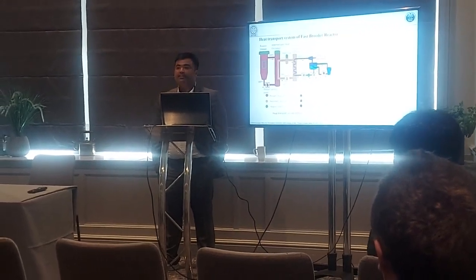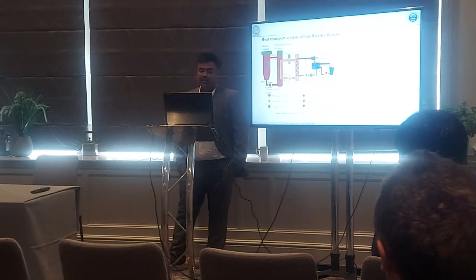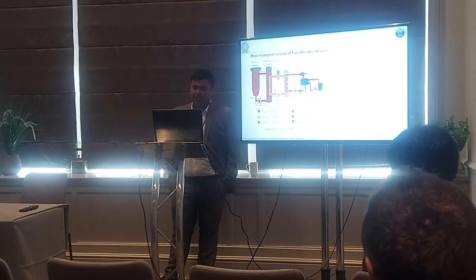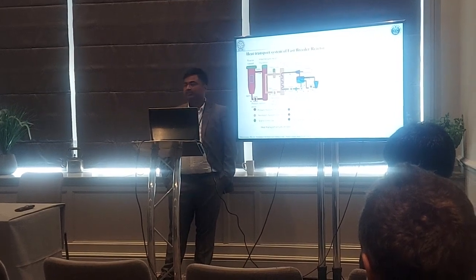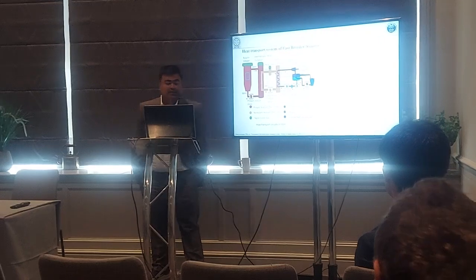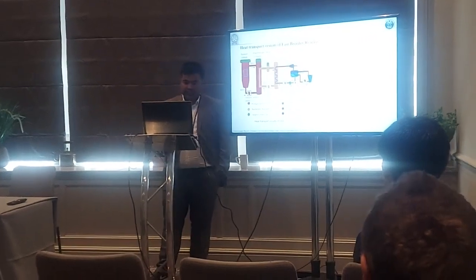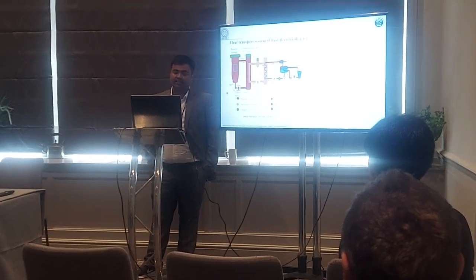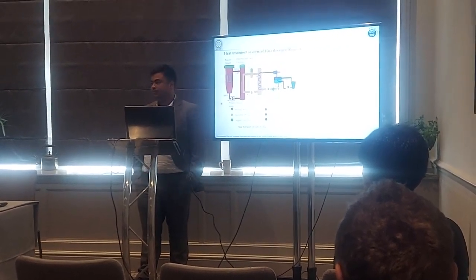So fast breeder reactors have main components like the reactor vessel, intermediate heat exchangers, the primary sodium circuit and the secondary sodium circuit. You can see in the pictures that the temperature variation is from 380 degrees Celsius to 550 degrees Celsius.